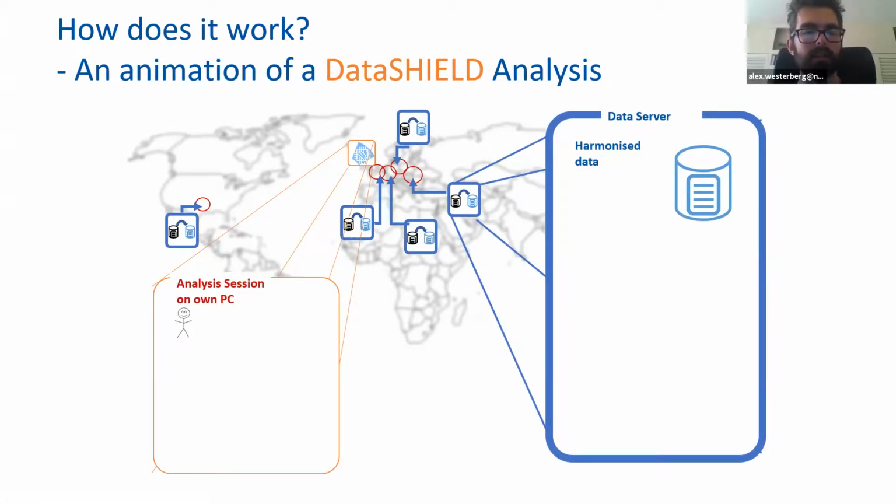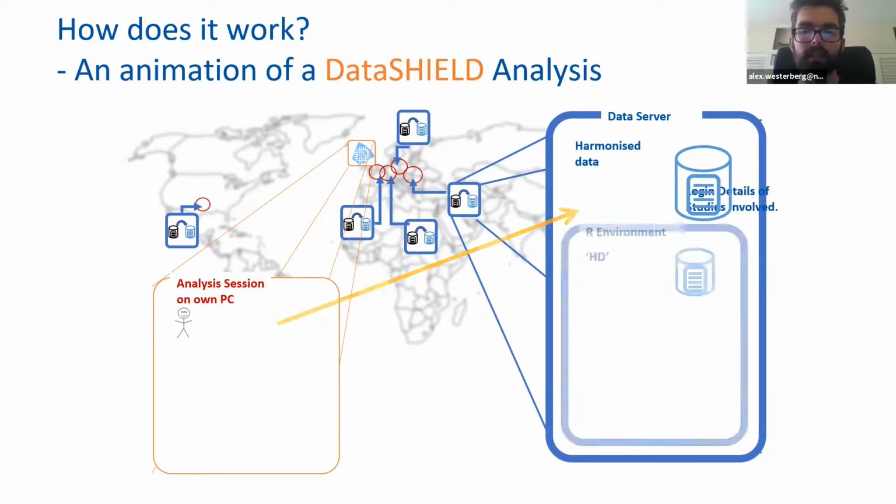So that's me. And the server session, so that's on a remote computer, is actually physically elsewhere. So you are given login details from whoever is allowing you to study this data. And these get sent through the internet. So once they have been verified, you are allowed into the R environment.